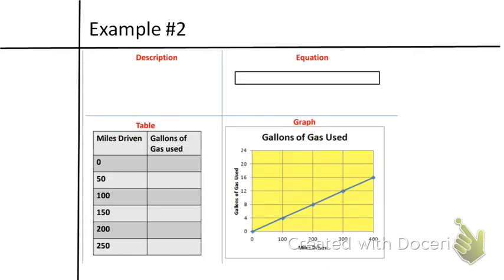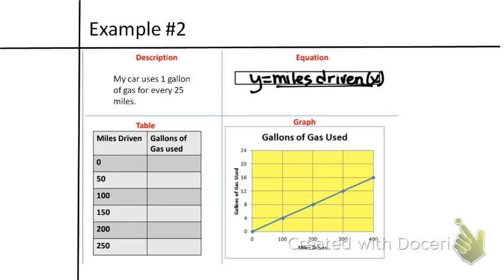Okay, example 2. This time it just gives us part of a table and our graph. So I came up with our description: my car uses 1 gallon of gas for every 25 miles. So here we have y equals our miles driven, this is going to be our x, divided by the 25 miles for every gallon that's being used.